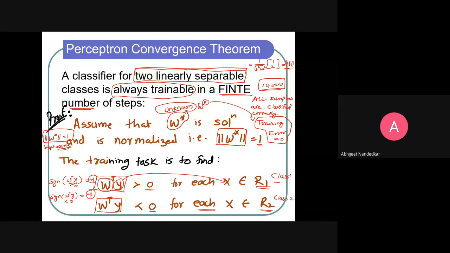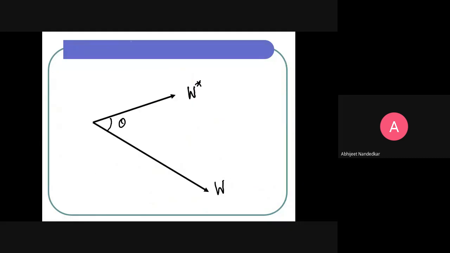So that's why I want W transpose Y to be greater than 0 for class 1 samples, and W transpose Y should be less than 0 for class 2 samples. Now you can see, suppose this was my solution weight vector, some vector which solves the problem.